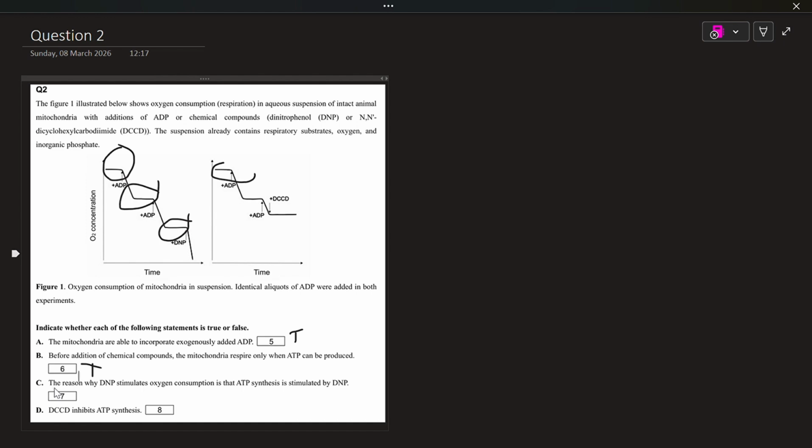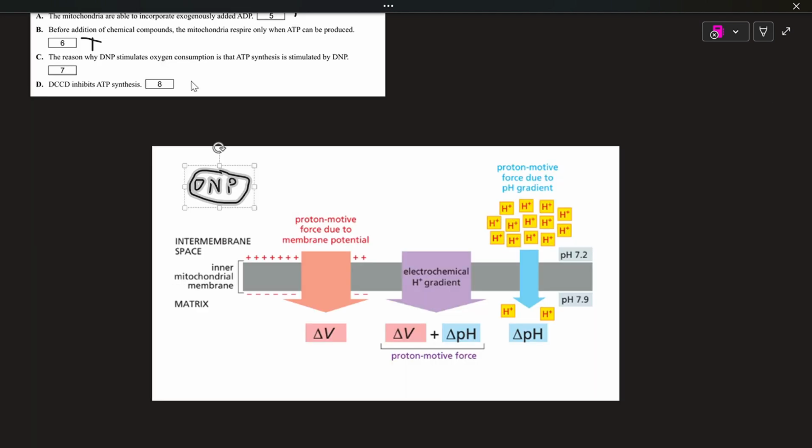Statement C. The reason why DNP stimulates oxygen consumption is that ATP synthesis is stimulated by DNP. Before we can answer this statement, we need to know DNP's effect on mitochondrial function. Let's look at this picture. We can see here the intermembrane space and matrix of mitochondria.